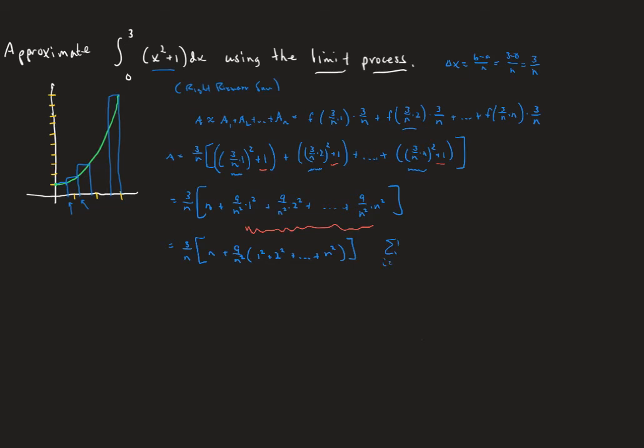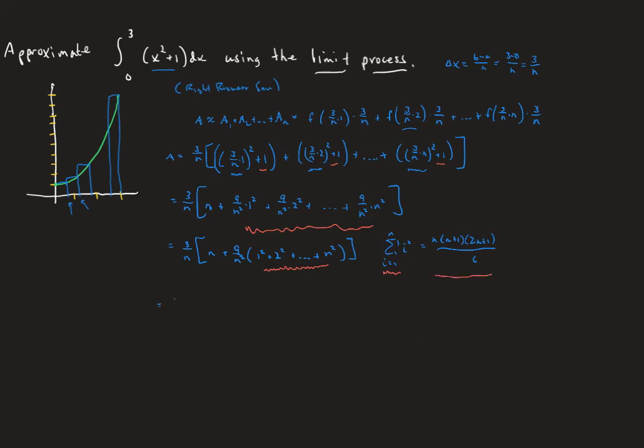The sum i going from 1 to n of i squared is going to be n times n plus 1 times 2n plus 1 all over 6. So now we're going to replace that sum of 1 squared plus 2 squared out to n squared, that's the sum of the i squareds, by this formula.